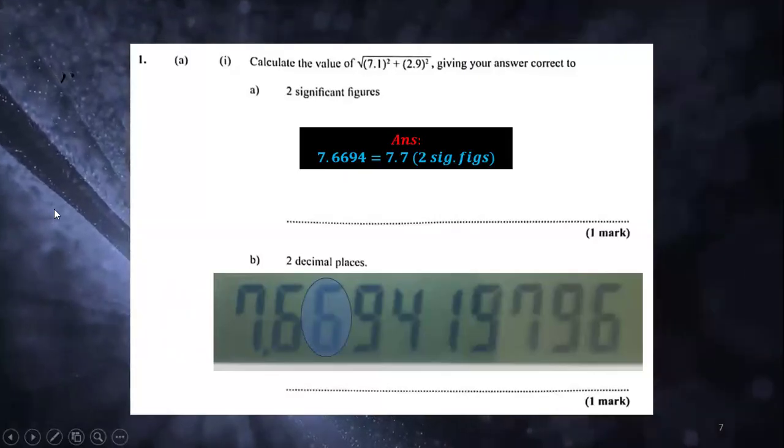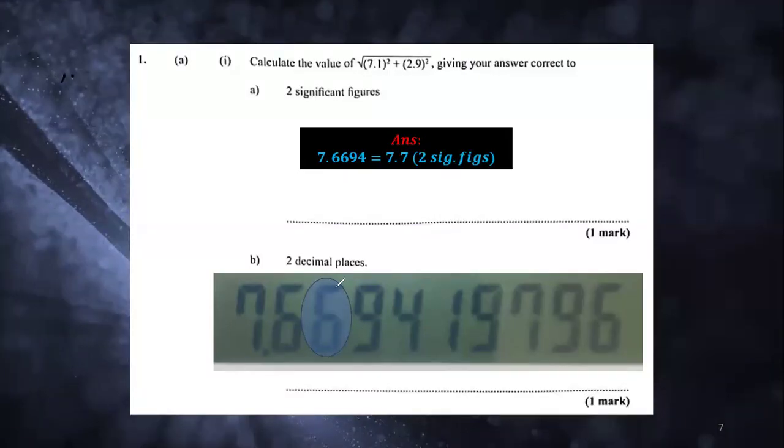And now what we do is ask ourselves, after we circle the second decimal place, because we want it to 2 decimal places, we circle the second decimal place, and then we look at the digit to the right of that. Then ask yourself the same question. Is this number in the 5 or more category? Yes or no?